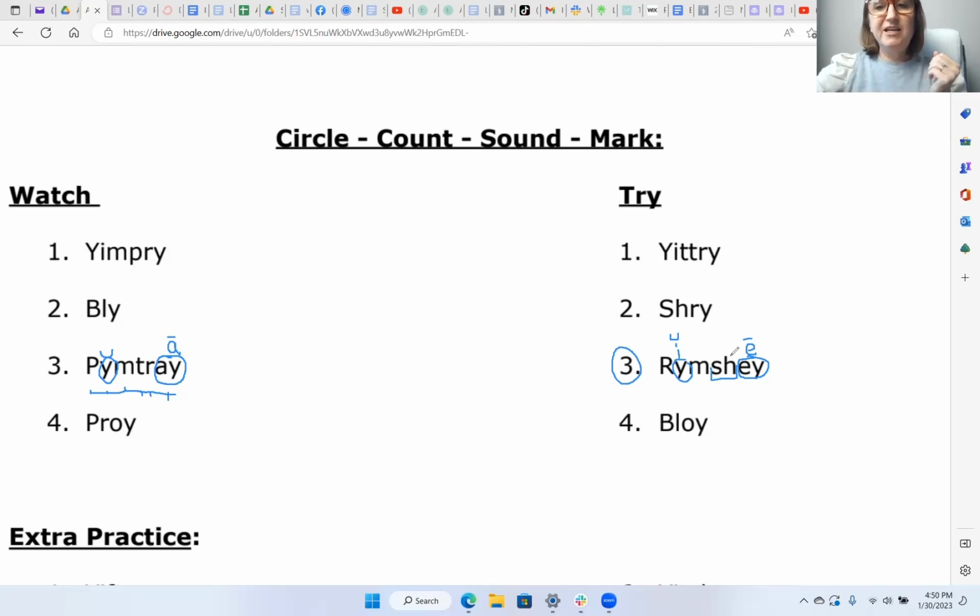To say the sound of this SH, make sure your lips are pushed out. Okay. So when you pencil read this word, it's R, I, E, rimshi, rimshi, rimshi.